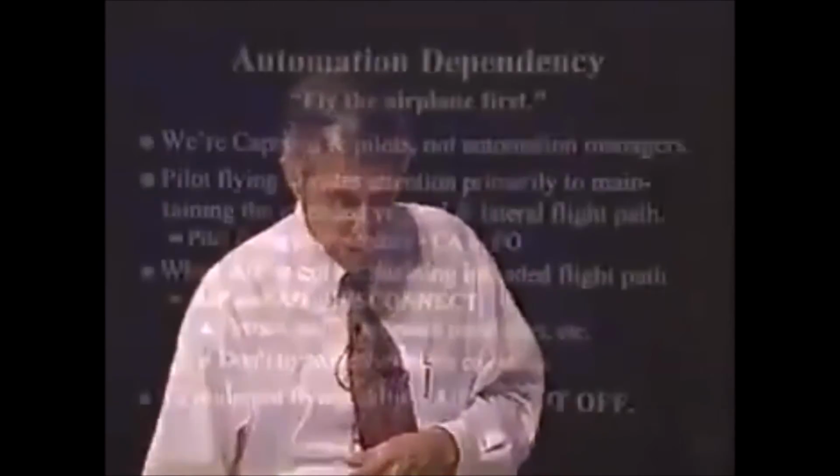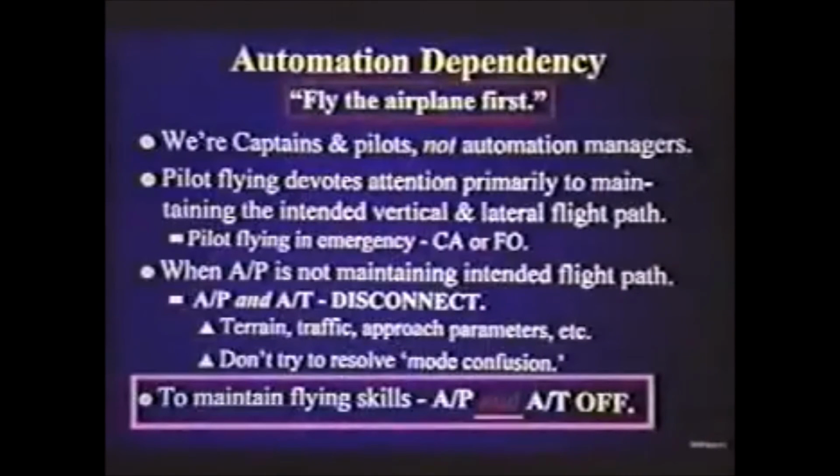And then bottom line on this, to maintain flying skills. It's probably the most important segment in this automation dependency issue. As every pilot in this room understands, if we're coming in somewhere and we decide we're going to get some hand flying time, and so we turn off our autopilot but we don't turn off our auto throttles, are we flying?